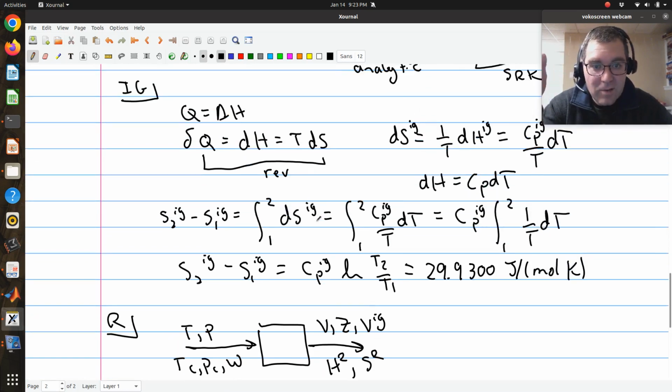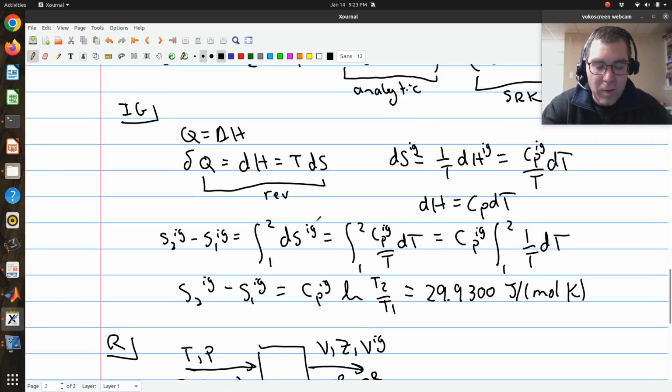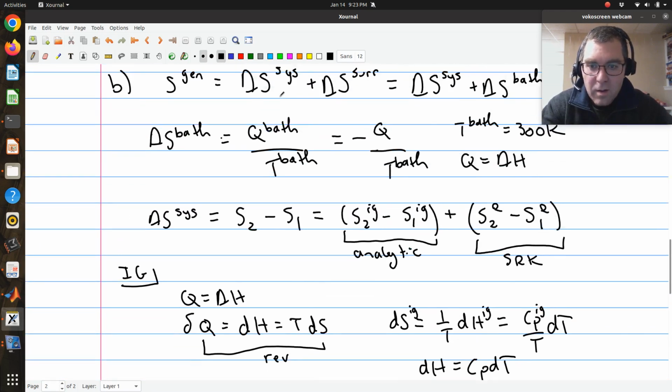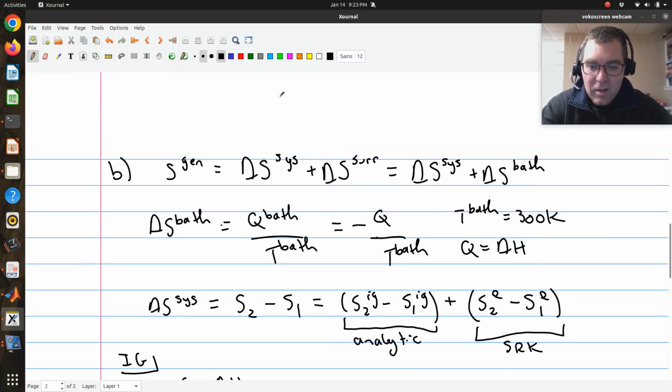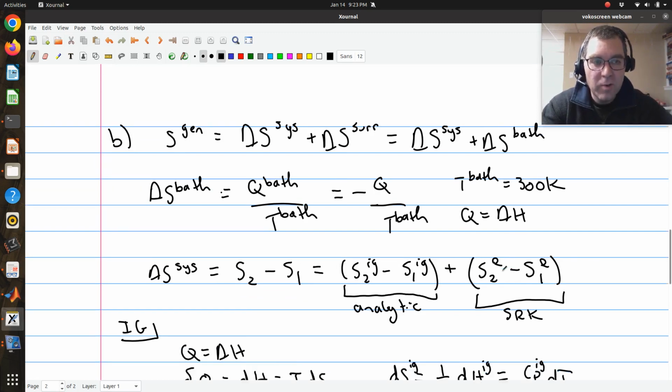So hopefully that helps. I think the key is when we're calculating these changes in our properties in chapter 5, if I'm trying to calculate delta S, the change in some property, here we had H and S, I'm going to write it as a difference in ideal gas contribution and a difference in residual properties. The key is the residual contribution. That's what we calculate using our equation of state.